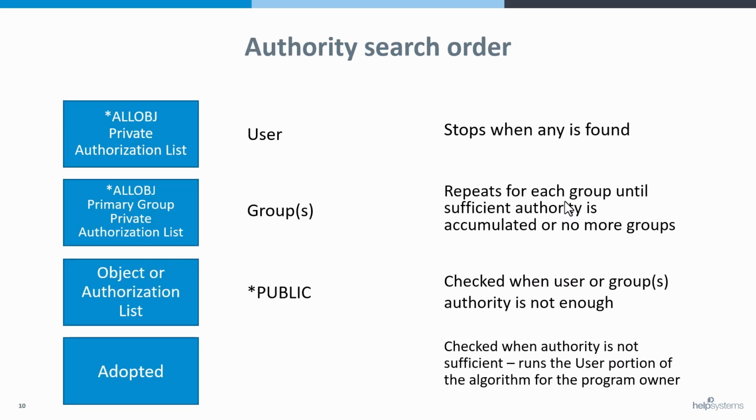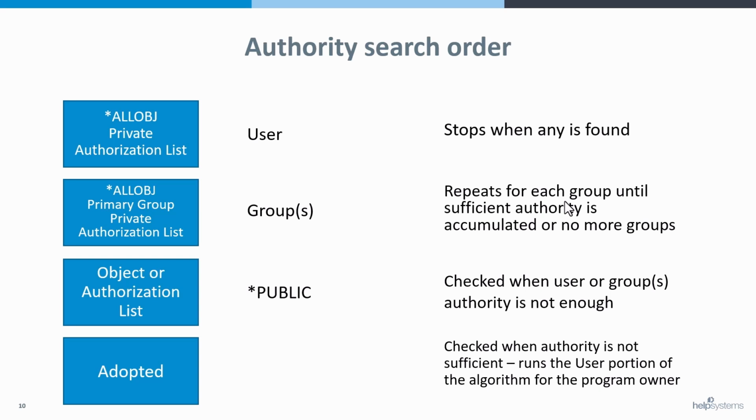Now, I've talked quite a bit about the search order of authority and how the system will find enough authority when those programs are being called to access the function they're trying to access. So let's dive into that a little bit deeper.